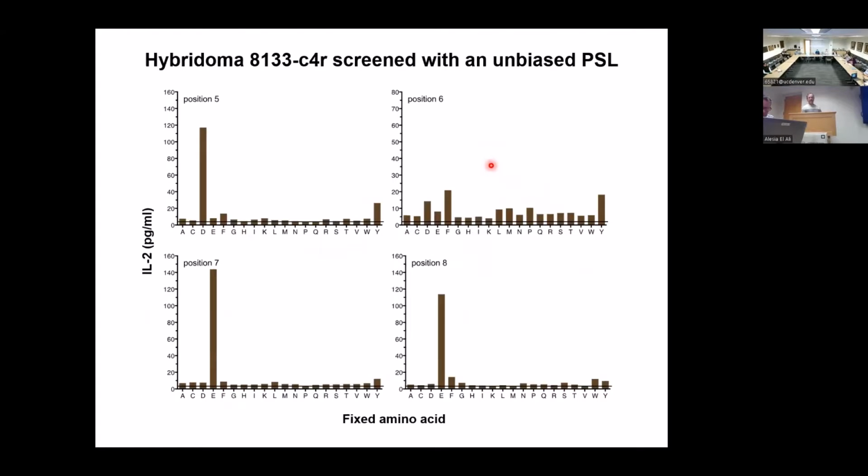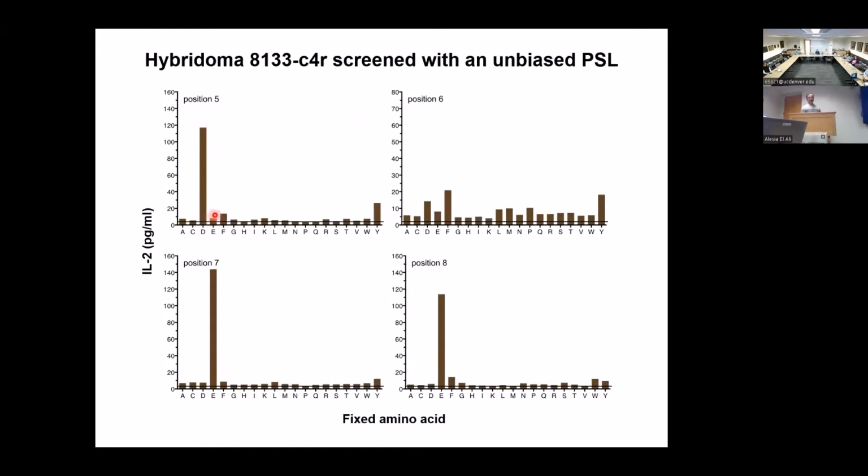This is an example of a single hybridoma responding to the library. We have IL-2 on the y-axis, and we're looking at 4 positions of the peptide. What you see is in position 5, if that mixture has an aspartic acid there, and all the other positions are randomized, you get a nice response.